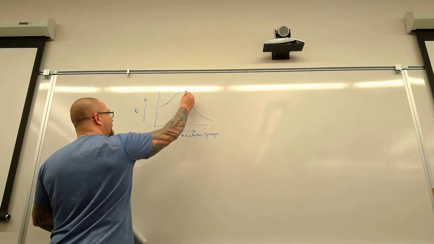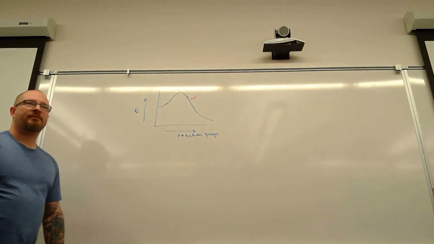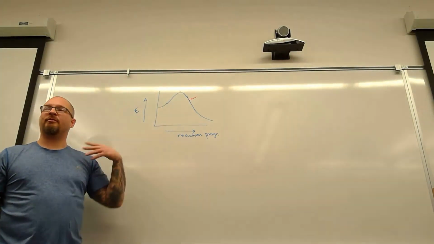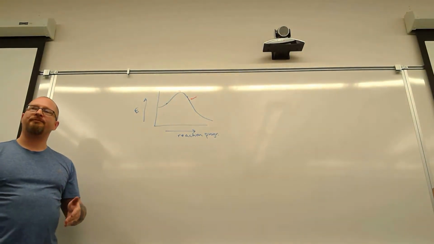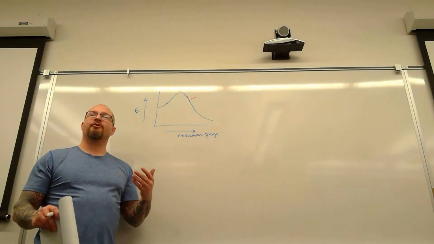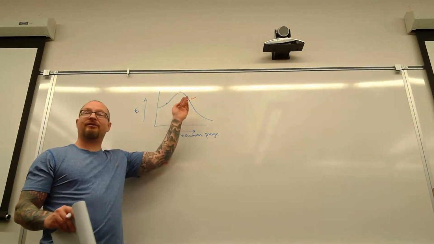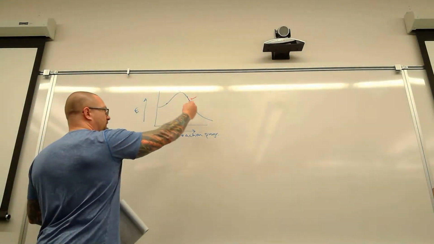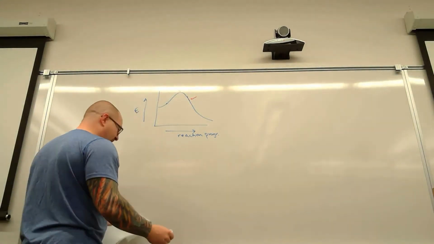But if we have a point here and a point here, structurally, the two structures that are responsible for this energy level are going to be very similar. So the closer you are together on a reaction coordinate diagram, the closer the structures are going to be to one another, which is what rationalizes them being so close to each other. Because it is just a linear path of a reaction taking place.